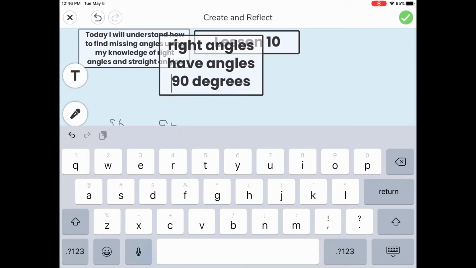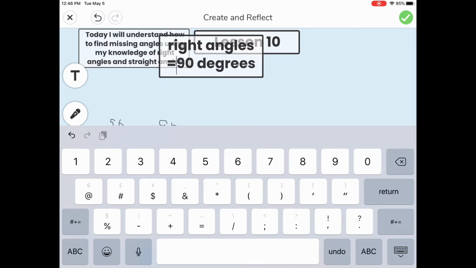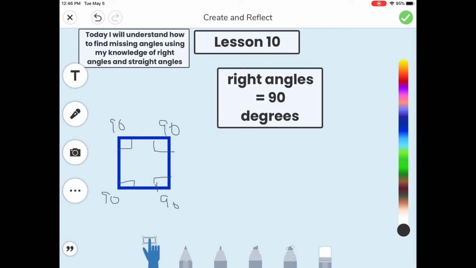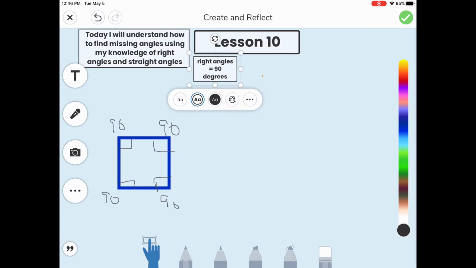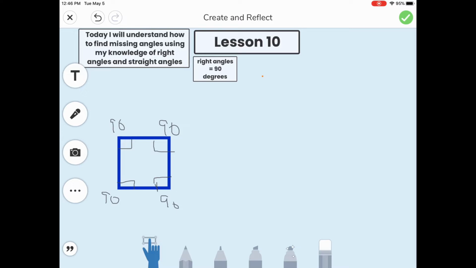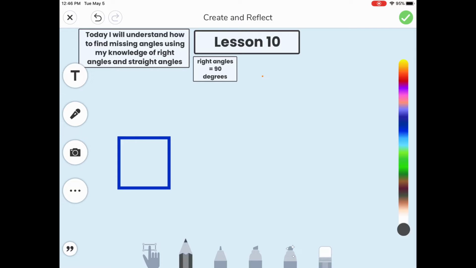Let's say it together. Right angles equal 90 degrees. So here, if I were to erase and start over, we would know that this portion here is 90 degrees.